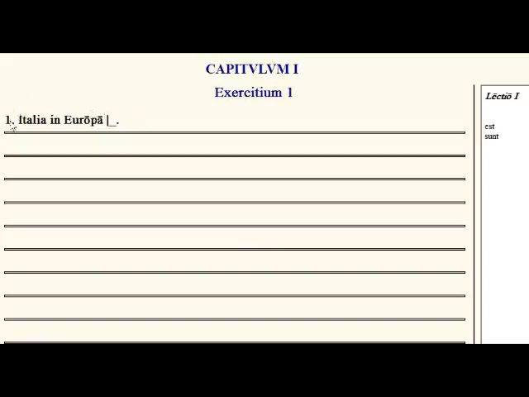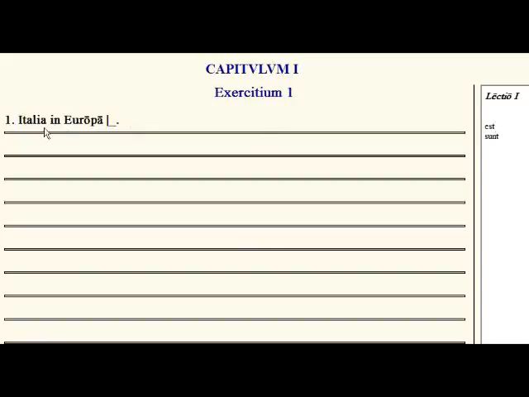So the first question here in Capitulum Primum, Exercitium Primum, is Italia in Europa, and over here in the white box on the right, it shows the 2 options for all of these questions, est or sunt. And from what we've just read, we realize that est means is and sunt means are.